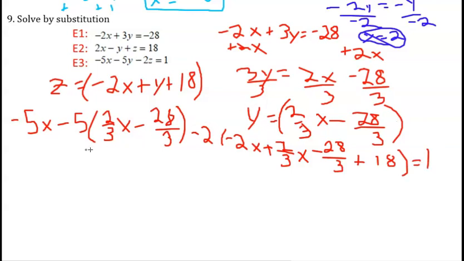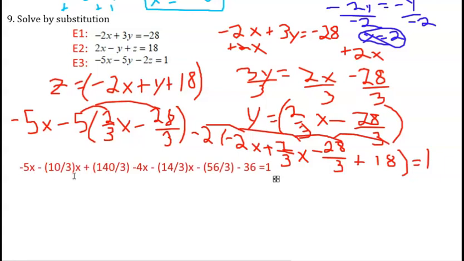And you would solve this equation. Distribute these. And then if you distribute them, you get this.